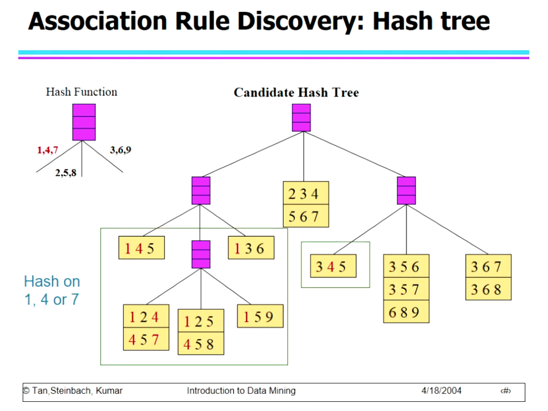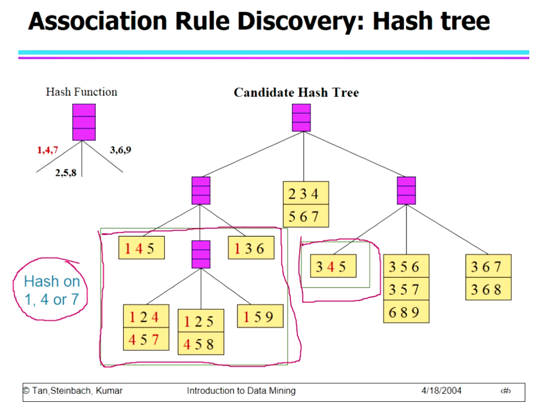Let's suppose that this is our hash tree. If we hash on 1, 4, 7, I will use only this part and this part of the tree. It is clear?